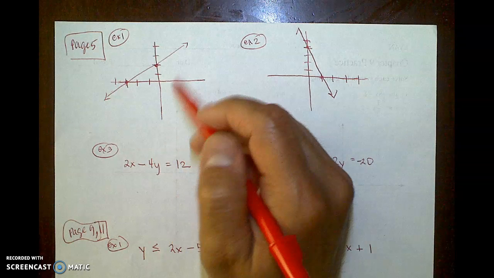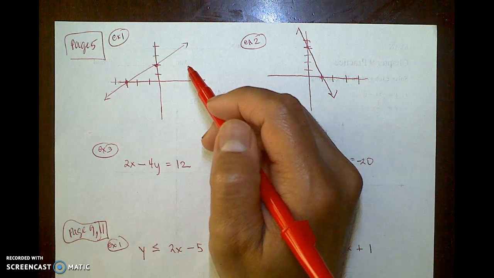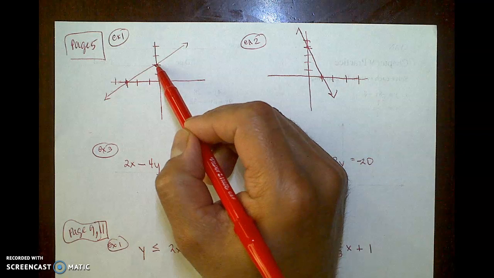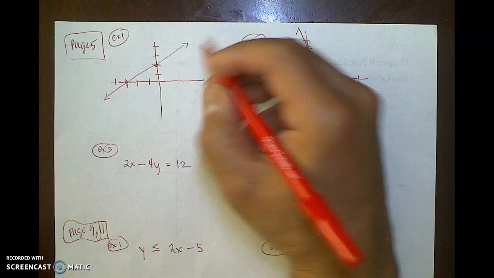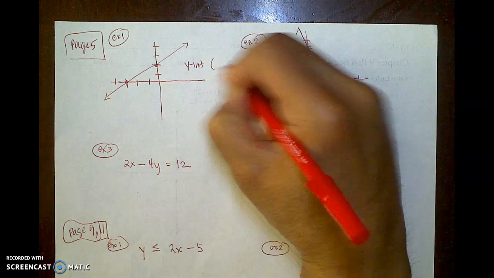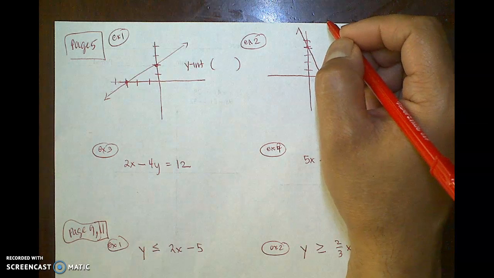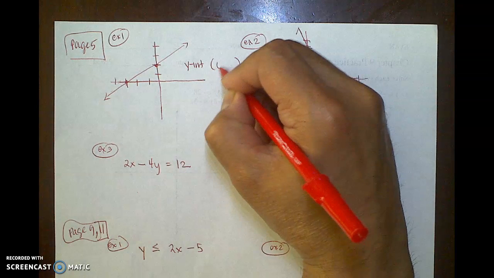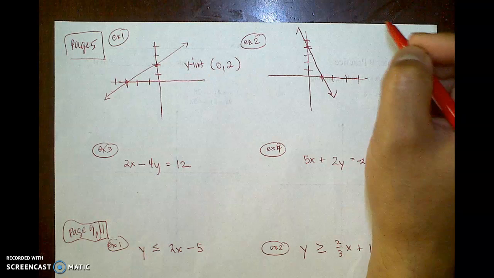Here, the y-intercept is at 2 on the y-axis. When you write that out, write it as an ordered pair. The ordered pair for this point is (0, 2).